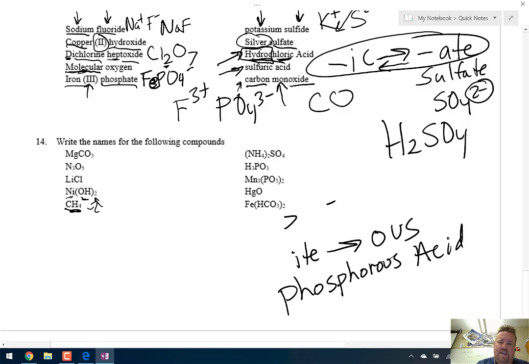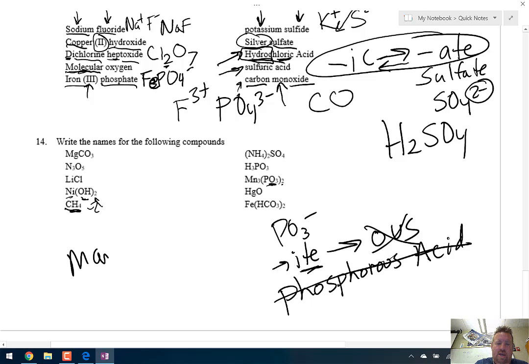Okay, and that kind of leads us to this next question. Mn3(PO3)2 is same thing. Instead of PO4, it's PO3. And again, that is phosphite. Now, it's not an acid, so we don't have to worry about this part. But we do need to remember that if it has one less oxygen, that we change that ATE to ITE. So Mn is manganese.